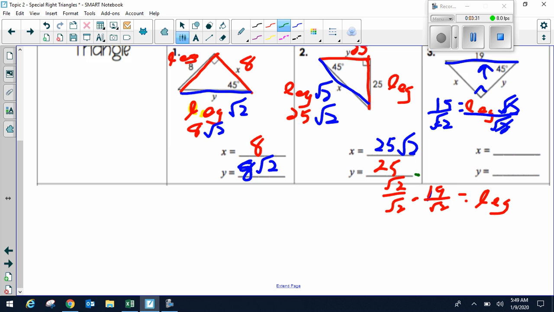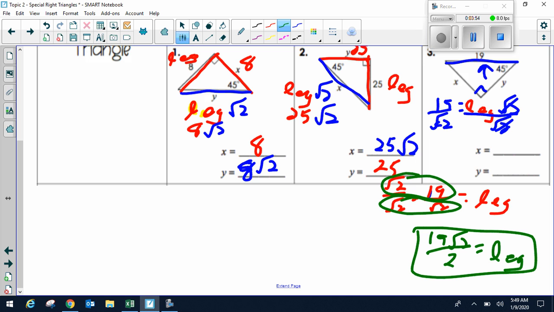The numerators go side by side, and on the bottom, what you're really doing is square root of 2 times square root of 2, which is square root of 4, and the square root of 4 happens to just be 2. So basically you are dropping the square root. Because of that, there's your answer for both x and y, because they're both legs.